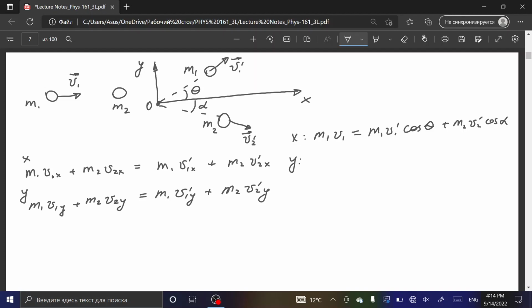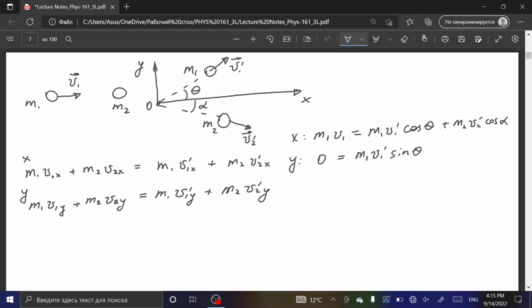So now let us write it for direction y. Initially, we don't have any linear momentum along axis y, so we have here 0. That is equal, for the first body, to m1 times v1 prime times sine theta. And what will the second component be?